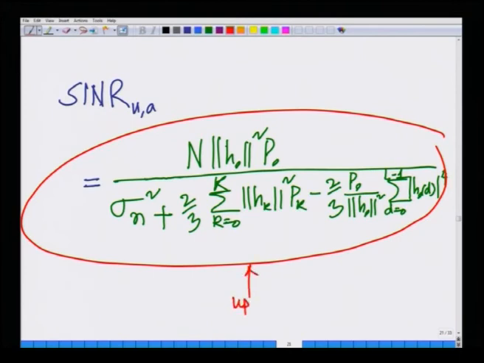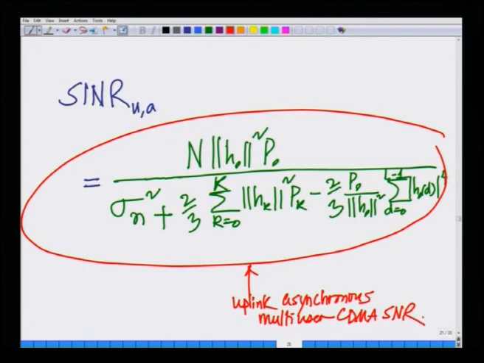This is the uplink asynchronous multi-user CDMA SNR, where the different thing compared to the synchronous is this factor 2 by 3.